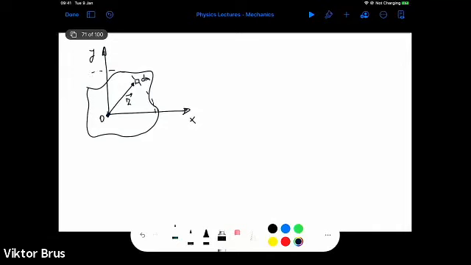And there is some tangential net force which is applied to this little piece of the rigid body. It's tangential, so it's always perpendicular to the radius position vector r, and we denote it as dF tangential.